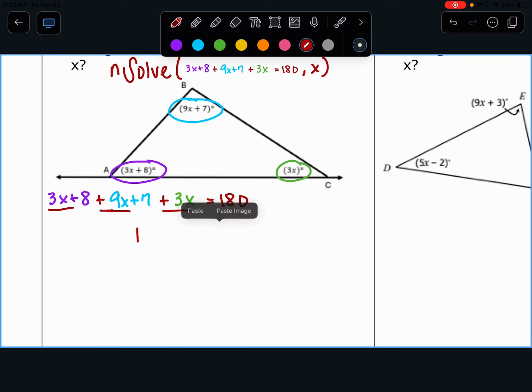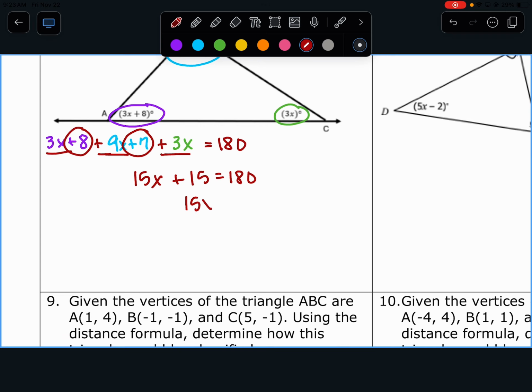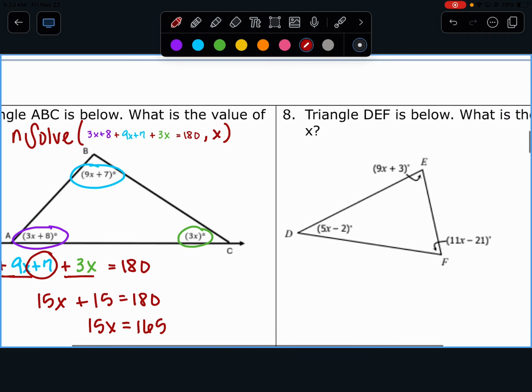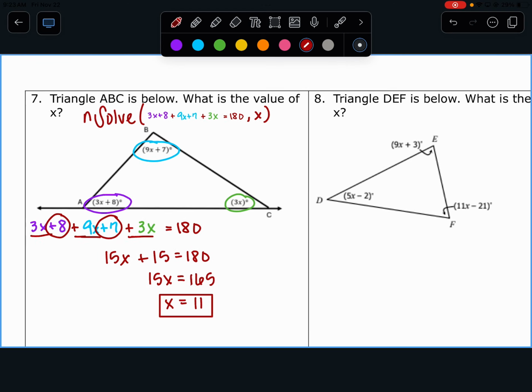That'll be 15x. We're going to combine these like terms. That'll just be 15. Then we're going to subtract 15 from both sides. That'll give us 165. We're going to divide both sides by 15, and we get 11. All right, go ahead and try number 8.